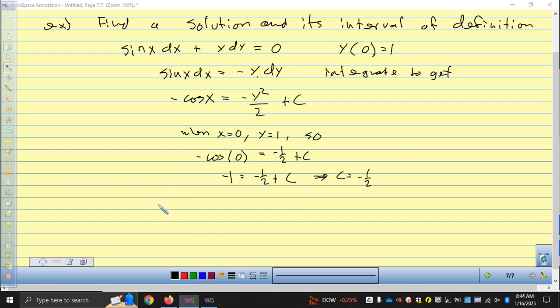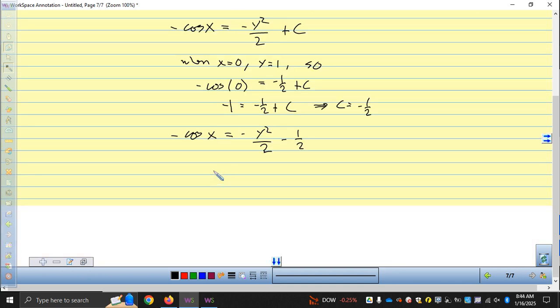So our implicit solution is negative cosine x equals minus y squared over 2 minus 1/2. And I could rewrite this as y squared equals 2 cosine x minus 1. For an explicit solution, I'm going to say y equals the square root of 2 cosine x minus 1. Why not plus and minus?